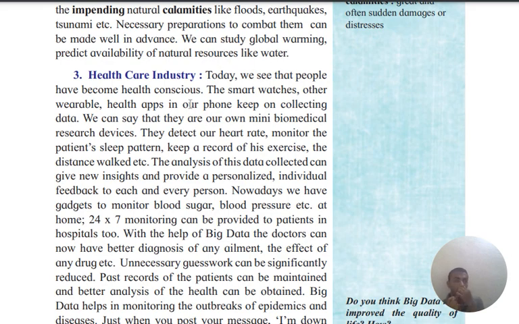Which means that whatever data your device collects can help us only.